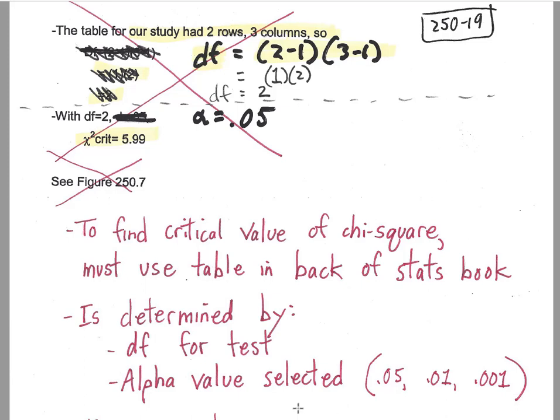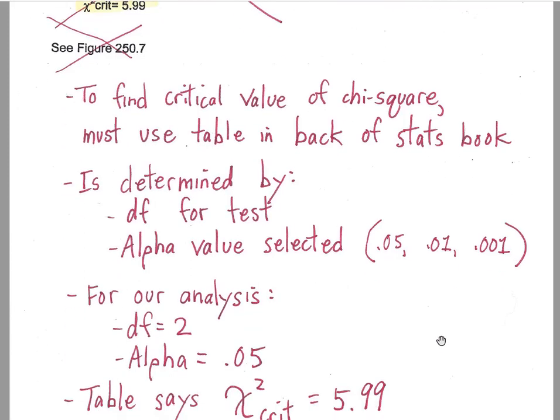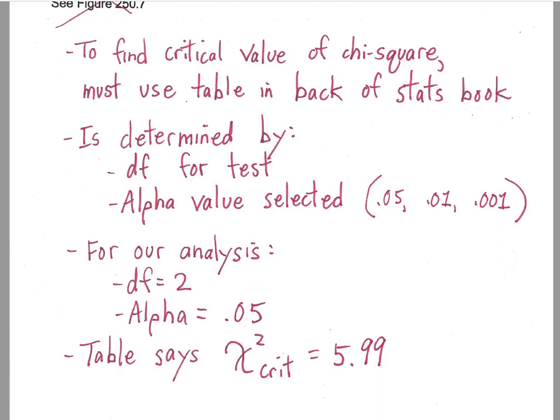We just about always set alpha at 0.05 or 0.01 or 0.001. The majority of the time we set alpha at 0.05, so let's assume that's what we want. We don't need to worry about whether it's a one-tail test or a two-tail test, because a chi-square test is always a one-tail test. If we use a table of chi-square in the back of a stats textbook, we look for the location where degrees of freedom are equal to 2.